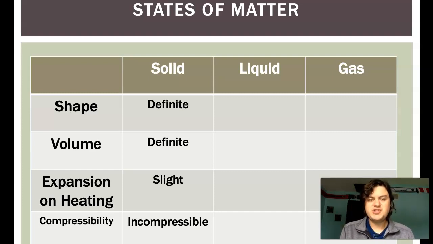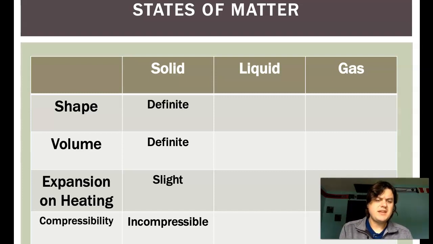So the shape of a solid does not change no matter what type of container we put it into. The atoms or molecules are not moving around each other. Likewise, since those fundamental units are not moving around, they're also not getting closer or further apart from each other based on the container it's being held in. So both the shape and the volume are definite.